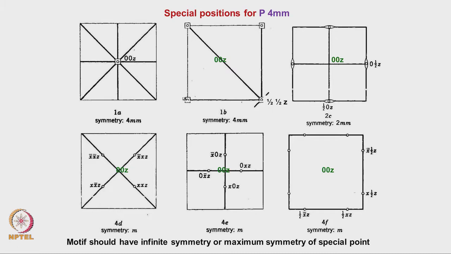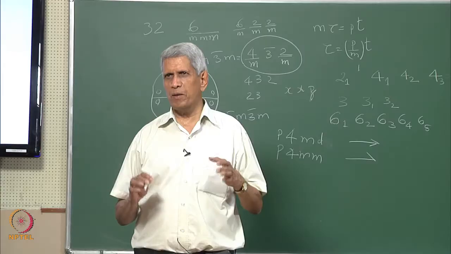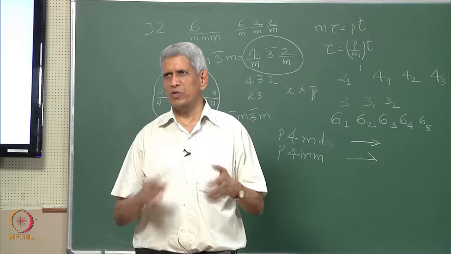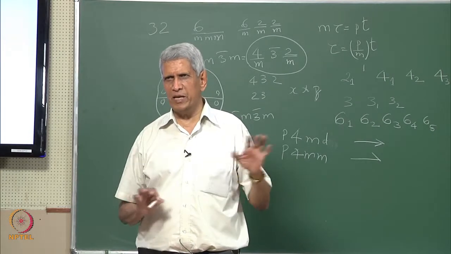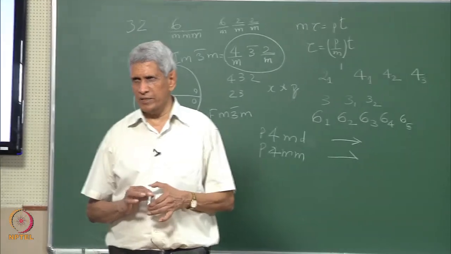So that is not the same. So the same atom cannot be placed at 2 types of Wyckoff positions. But as I mentioned earlier, what we are talking about is geometrical crystallography. In geometrical crystallography, we are looking at what are the possible positions in which motifs can be kept, which satisfy the symmetry element.